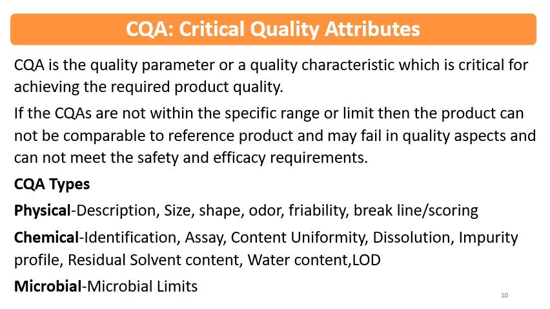CQAs are classified into three types: physical, chemical and microbial. Physical quality attributes are description, size, shape, odor, friability, breakline, scoring, etc. Here I am considering the tablet formulation as an example. Chemical CQAs will involve identification, assay, content uniformity, dissolution, impurity profile, residual solvent content, water content.